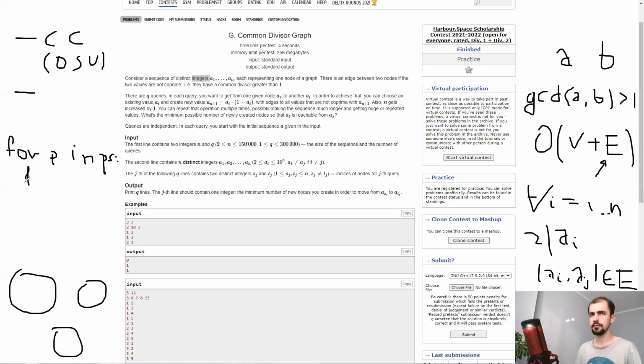And then you say for ai such that, well, for ai, but you don't loop over the entire array A specifically. You sort of have a helpful structure, like a map of that prime or set of that prime. So this loops over all numbers that are divisible by P.